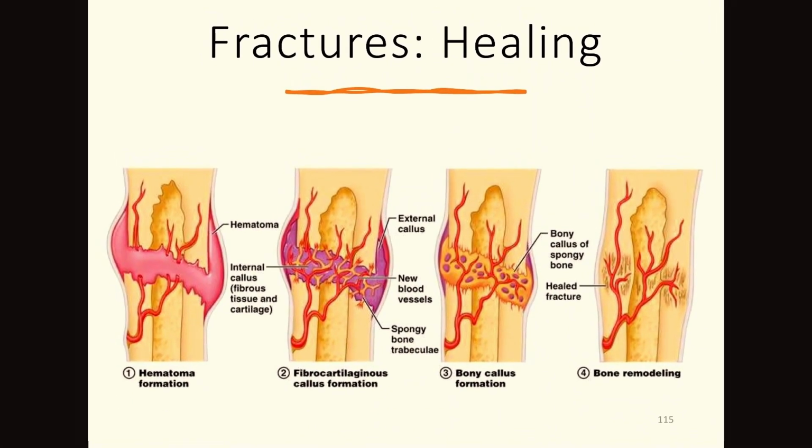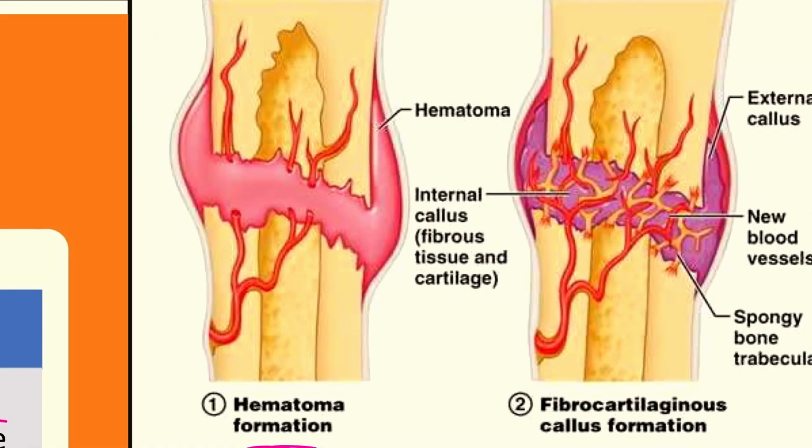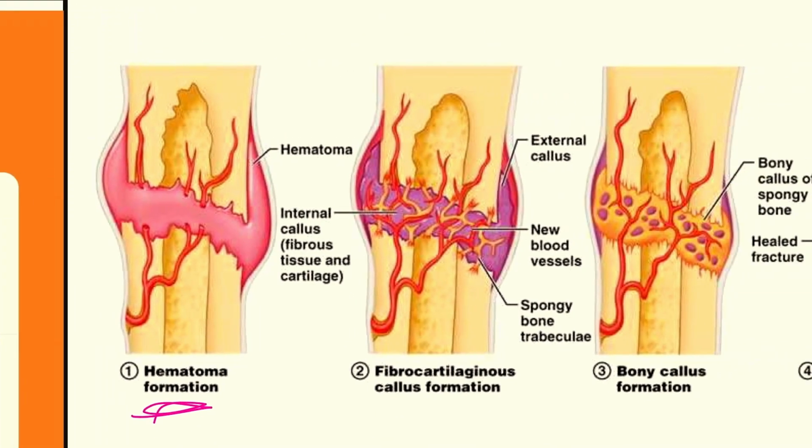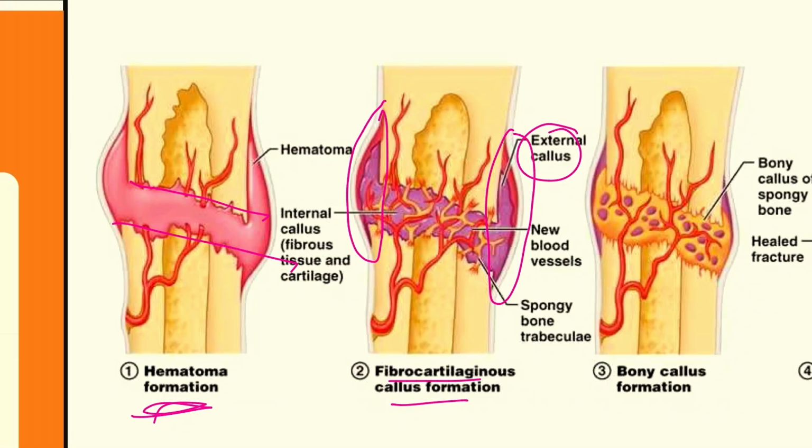So this is just a way of looking at it again. This is your hematoma formation in step 1. Okay, we have our break. Blood is just pouring into that area, so we get a hematoma around the area. Then we get our fibrocartilaginous callus formation. We get an external callus. Remember, it starts on the outside, so it seals off the area.